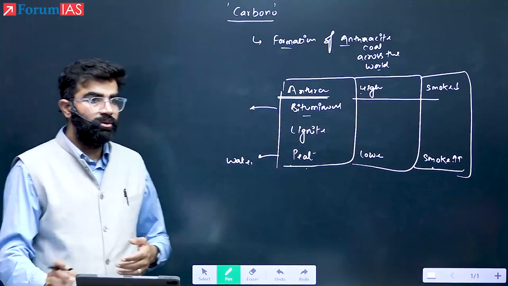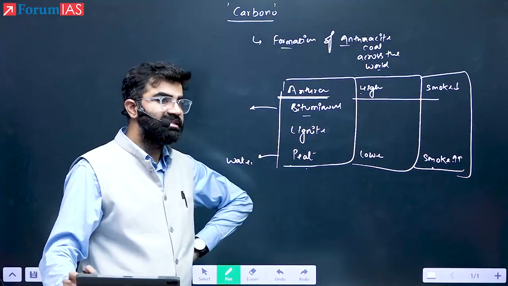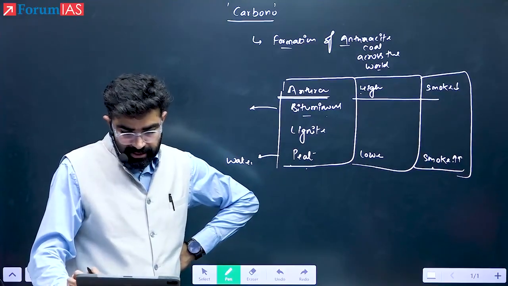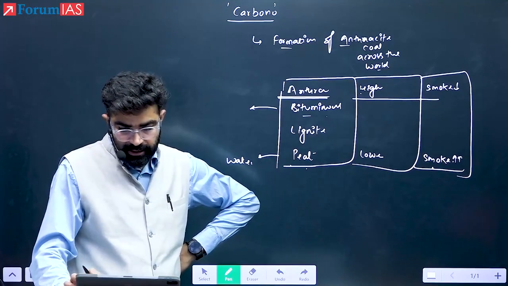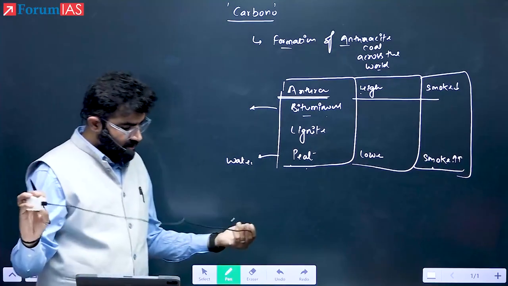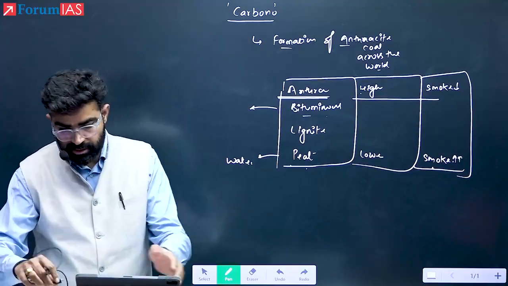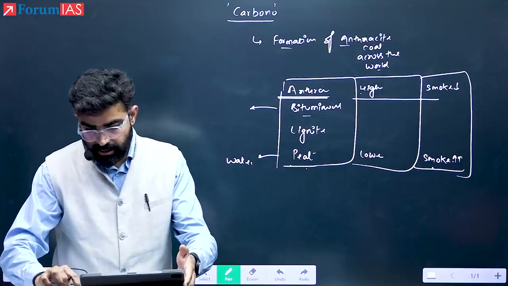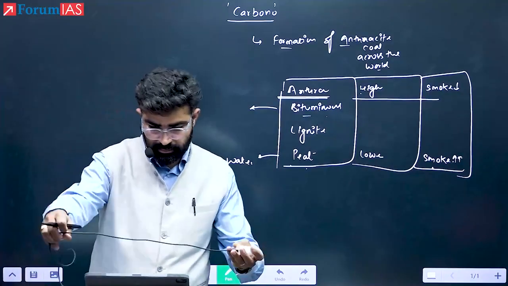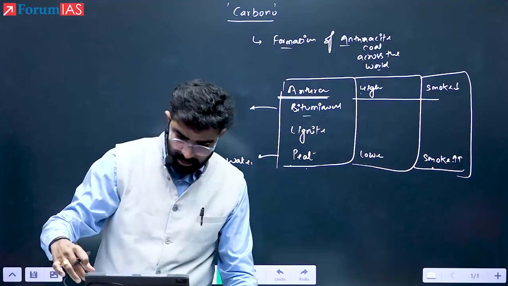India's coal is mostly of bituminous category, which is much younger than Carboniferous coal.